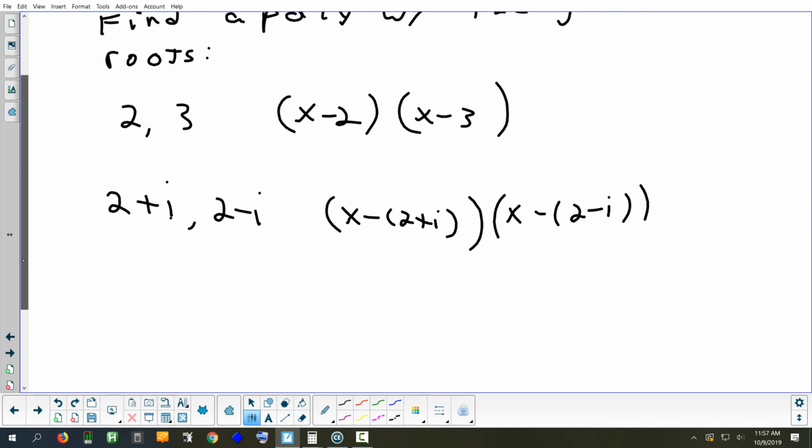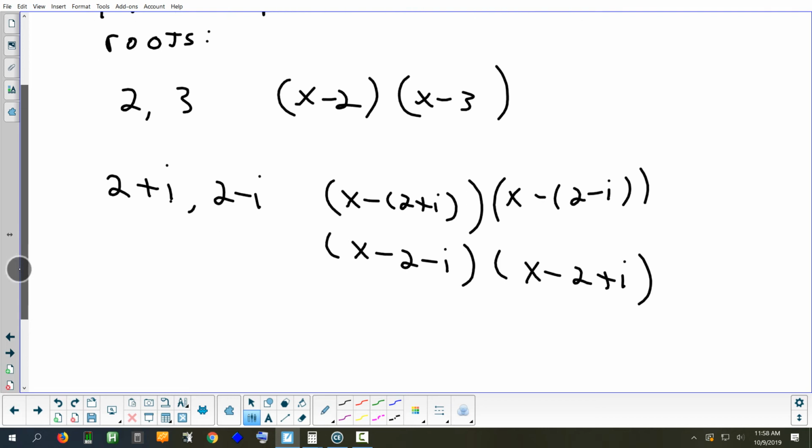And then x times -2. And x times i is just x times i. Now that's weird, right? We're going to hope that that just disappears and we get a -i times x somewhere later on. But you shouldn't have any x's with i's next to them when you're done.